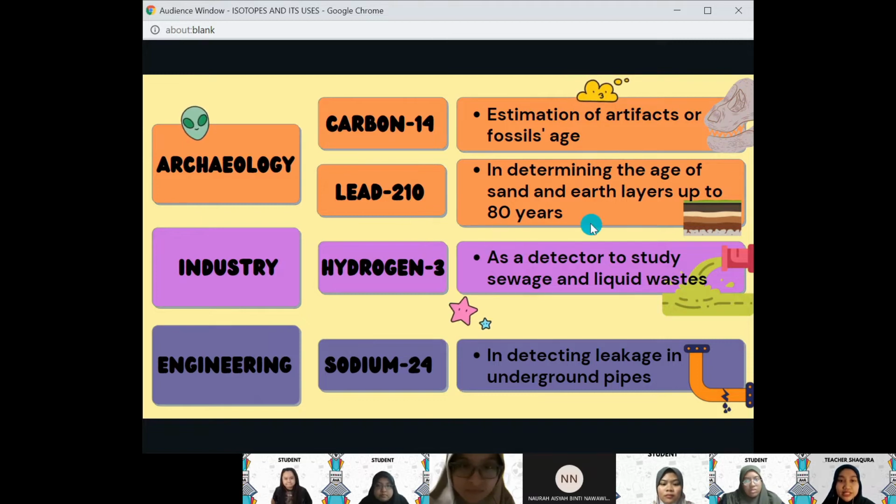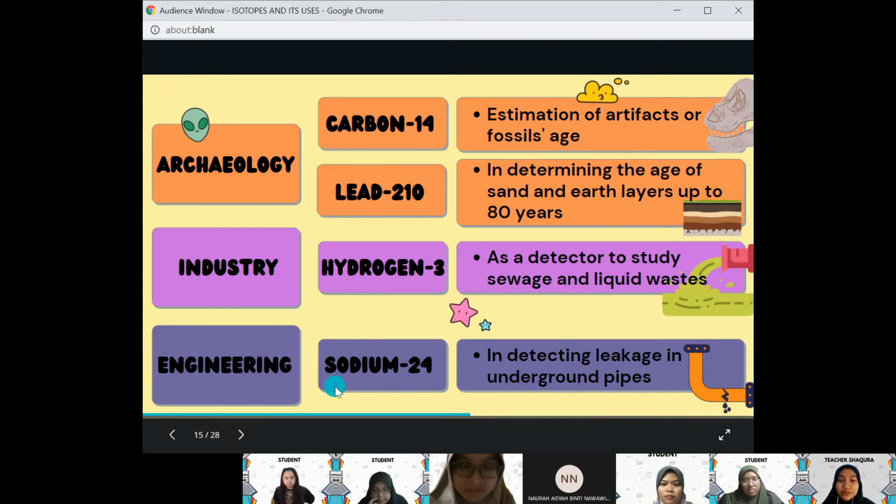Lead-210 is used in determining the age of sand and earth layers up to 80 years. In industry, hydrogen-3 is used as a detector to study sewage and liquid waste. And in engineering, sodium-24 is used in detecting leakage in underground pipes.